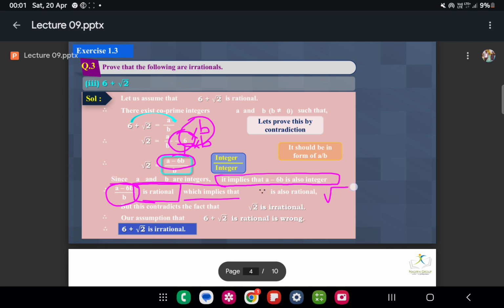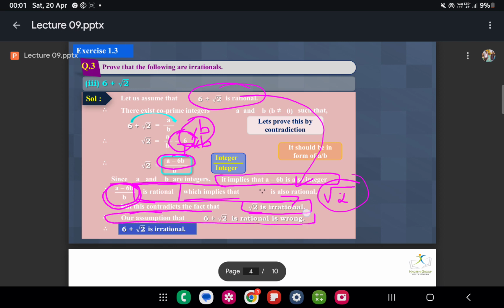Already we know that root 2 is irrational, but we have taken it as rational. Like that only we have taken it as rational, so it implies that it is also rational. This contradicts the fact that root 2 is irrational.